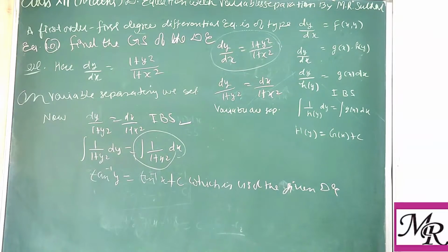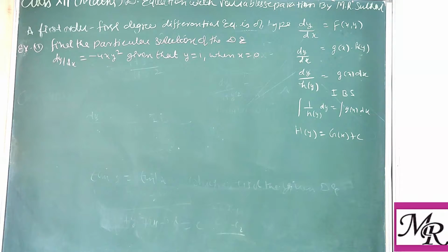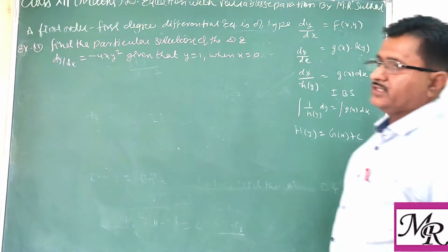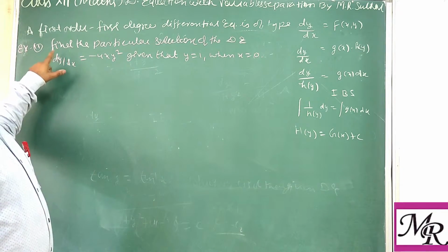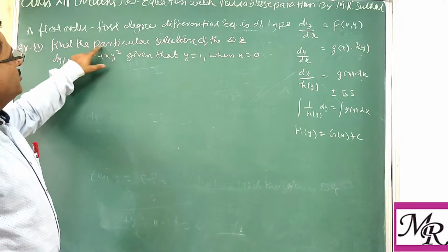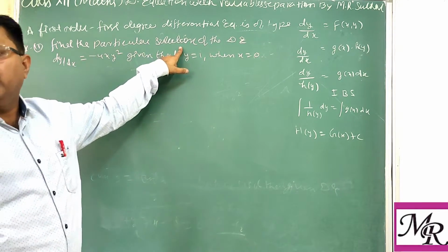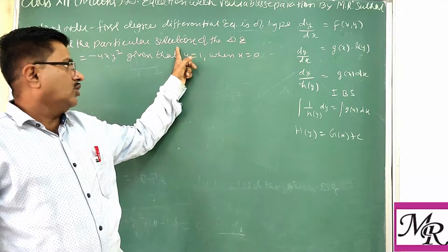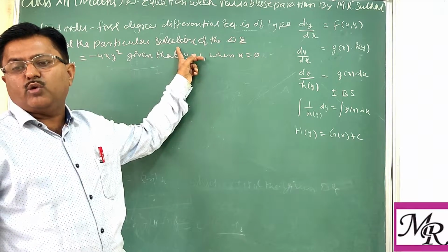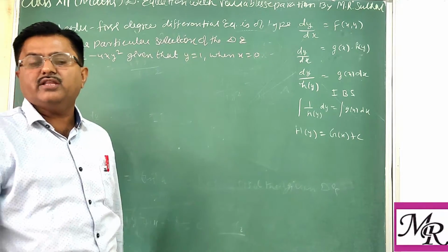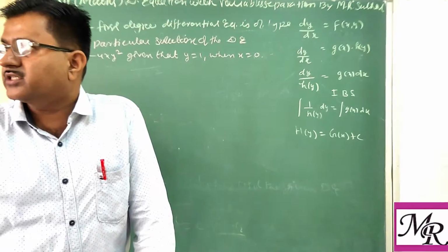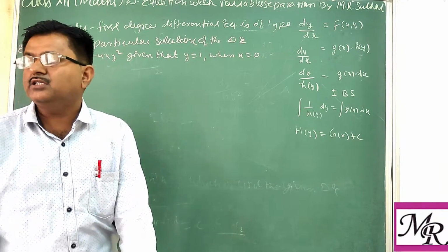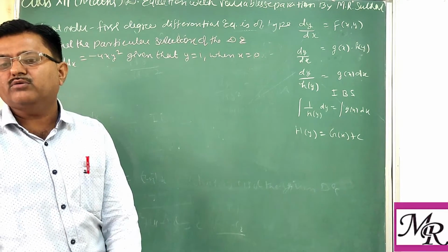So write down this one also. Here the problem states that we have to find a particular solution. In the types of solution we have already defined the meaning of particular solution: when the constant c or parameters a, b, c have fixed values, this type of solution is known as a particular solution.